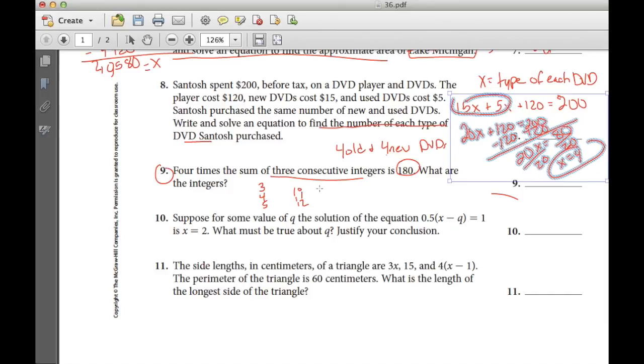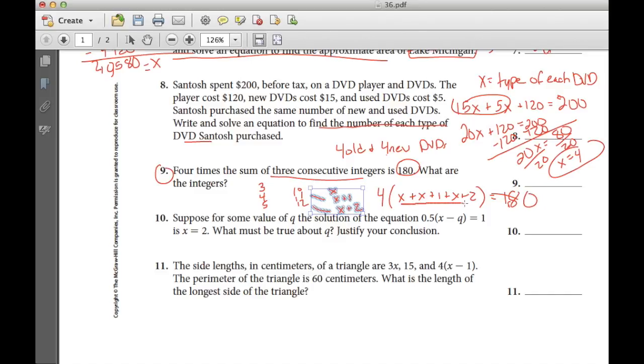Okay, so I'm going to say that the first integer is x, the next integer is x plus 1, and the one after that is x plus 2. Just think about that. If x was 10, 11 would be 10 plus 1, and 12 would be 10 plus 2. So I'm going to say that 4 times the sum of x plus x plus 1 plus x plus 2 is equal to 180.